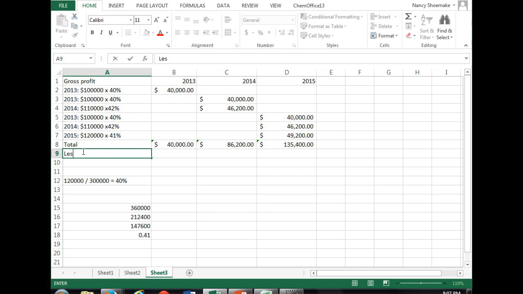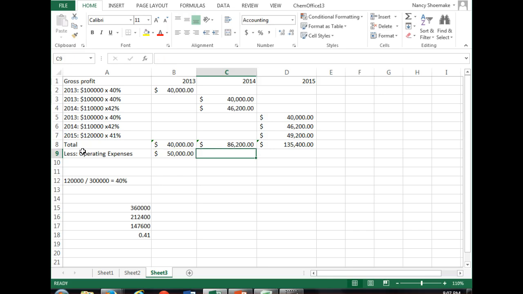Less our operating expenses. Now we have our net income.